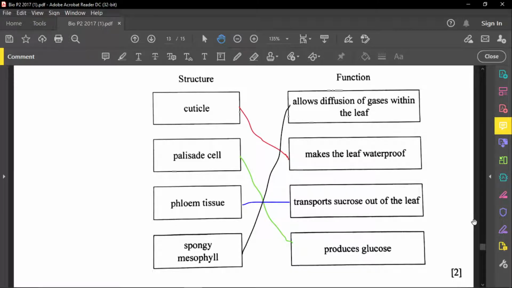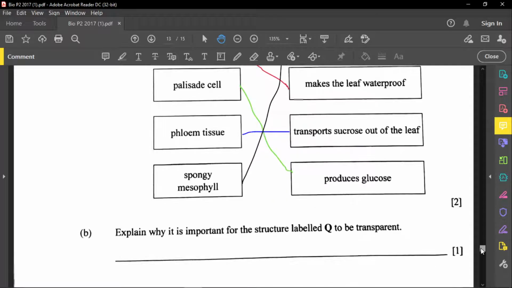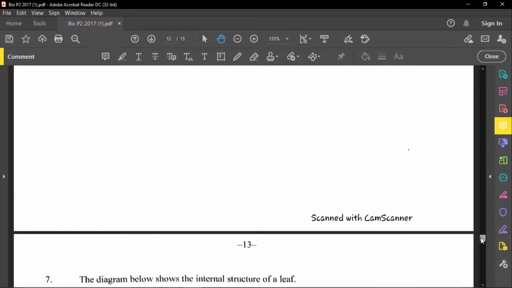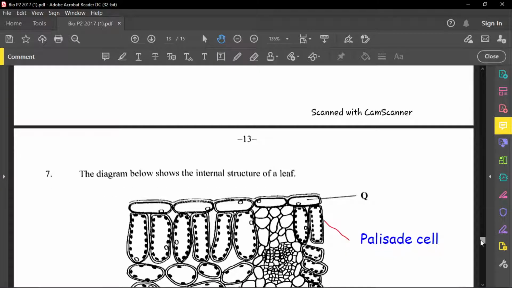Let's go to the next part of the question, which is to explain why it is important for the structure labeled Q to be transparent. The structure labeled Q here, those are the upper epidermis of the plant. On top of it, you'll see the waxy cuticle. So Q, why is it transparent? Why are those cells transparent?